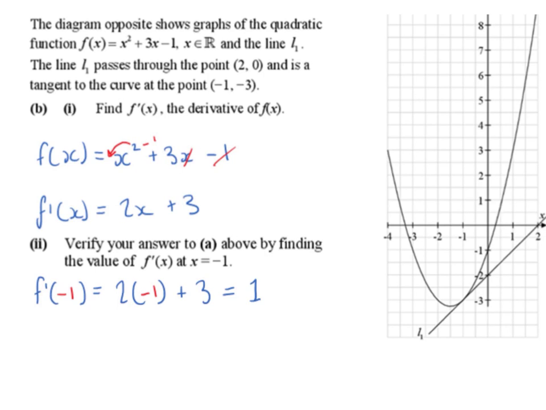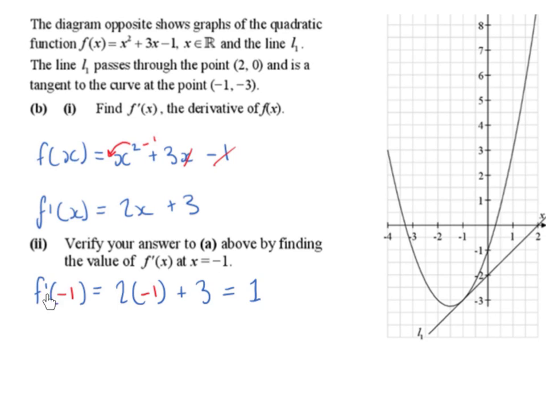Then the derivative of 3x is just going to be 3. We just cancel out the x because it has no power. And we can't differentiate minus 1 because it's a constant. It has no x attached. So the derivative of x squared plus 3x minus 1 is 2x plus 3. So if we want to verify our answer, we have to substitute x equal to minus 1.